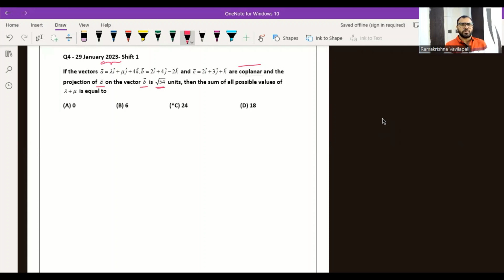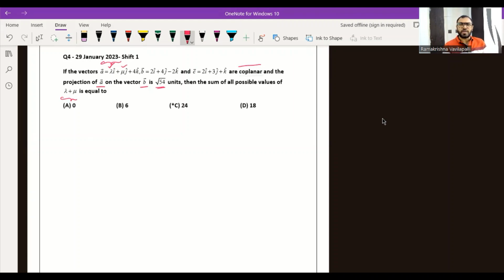Then the sum of all possible values of lambda plus mu. Here they have given two parameters, lambda and mu in vector A bar. So in order to determine two parameters, lambda and mu, we need two geometrical conditions. So here given that two geometrical conditions, one is coplanarity of points, another one is projection of one vector on another vector.